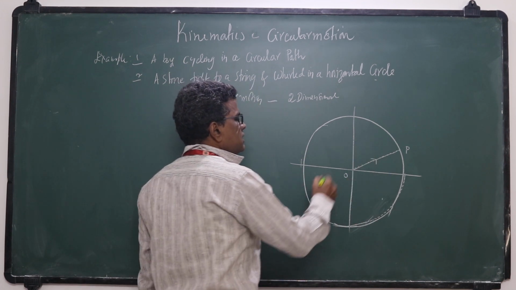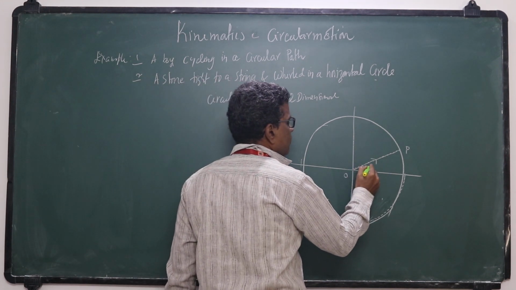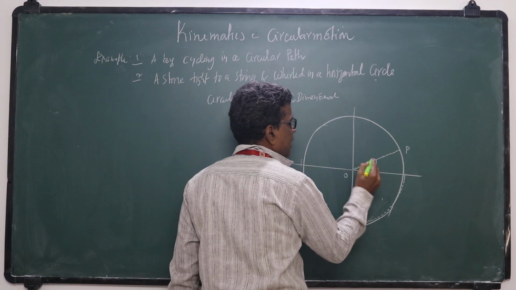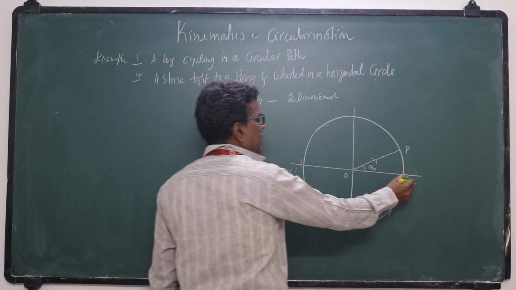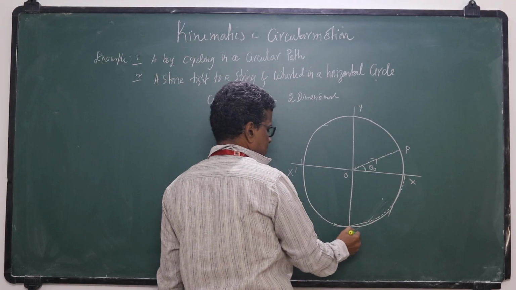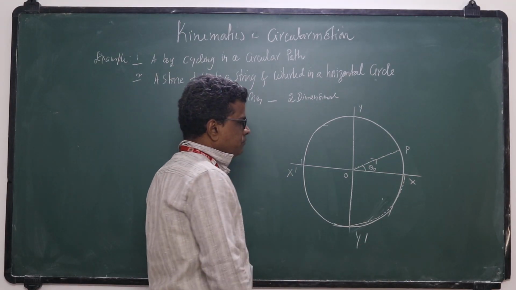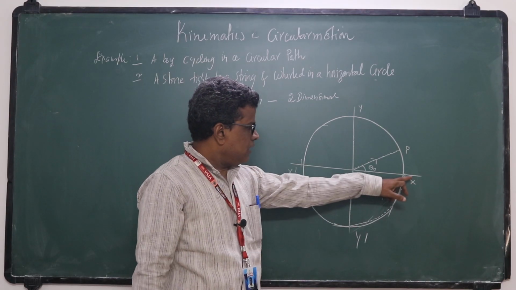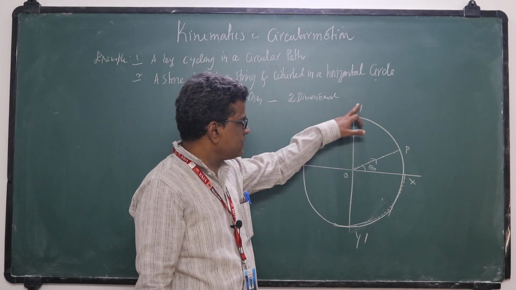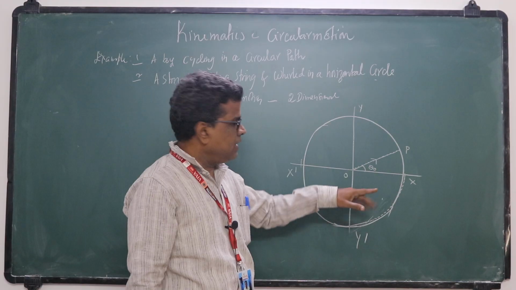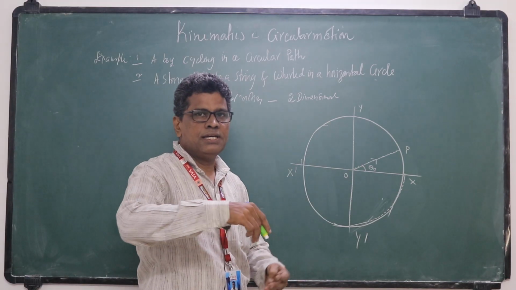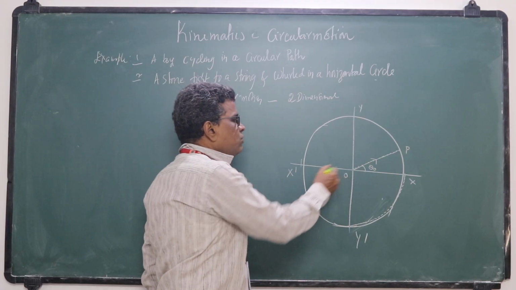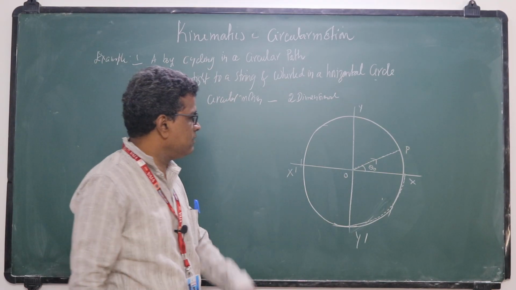It makes an angle theta with the x-axis. I assume x and y as the x-axis and y-axis. This plane of rotation is the xy plane, and I assume O as the origin.